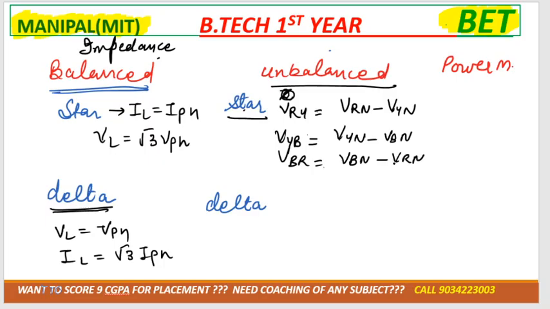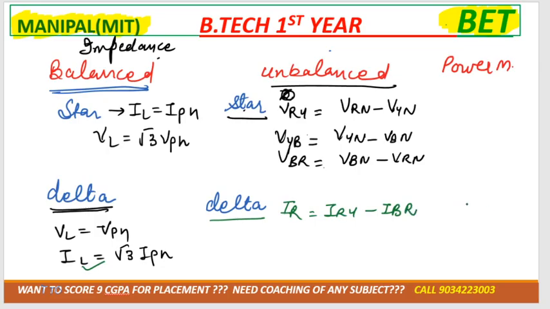You don't need to learn these formulas because they are mentioned in your handbook. Next one is the delta connection. In the delta connection, current is different, so IR is equal to IRY minus IBR.